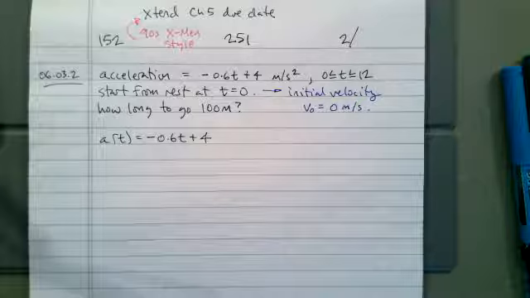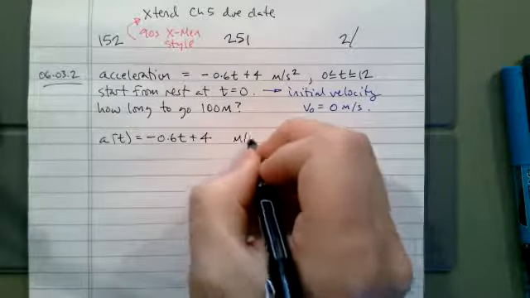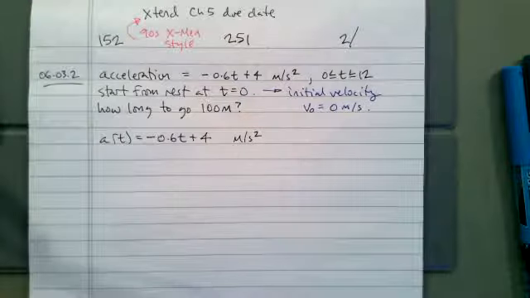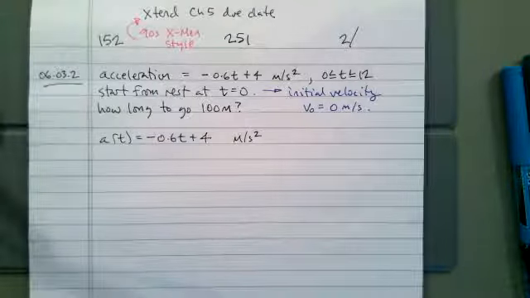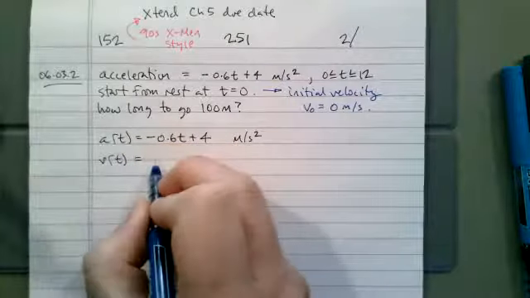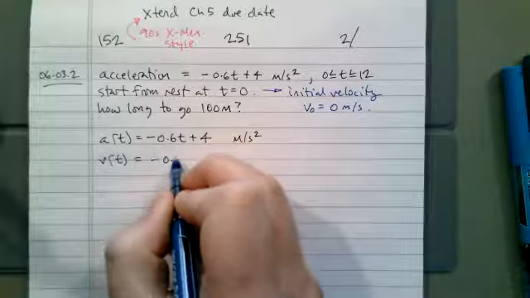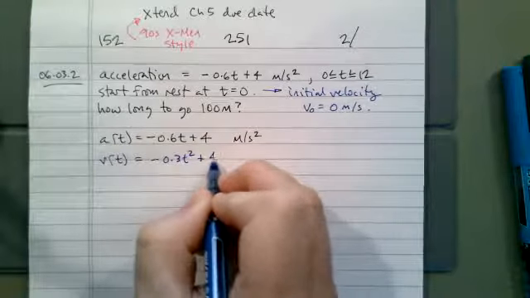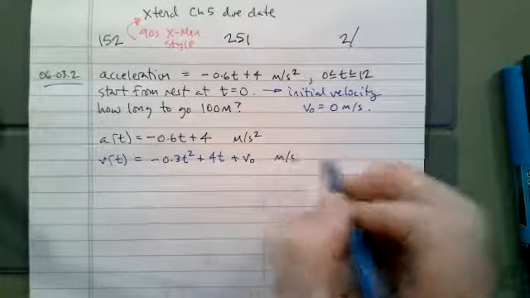So let's see what we get. We start with our acceleration of negative 0.6 t plus 4 meters per second squared. We know that if we integrate this, we'll get the velocity. So v of t will be, we'll integrate negative 0.6 t, so negative 0.3 t squared plus 4t plus v0 meters per second.